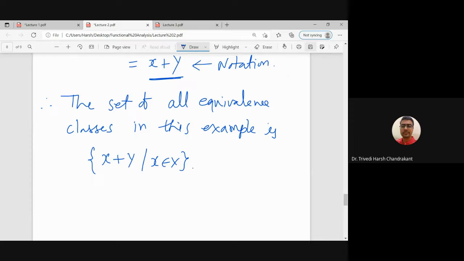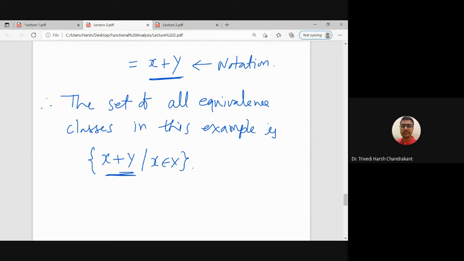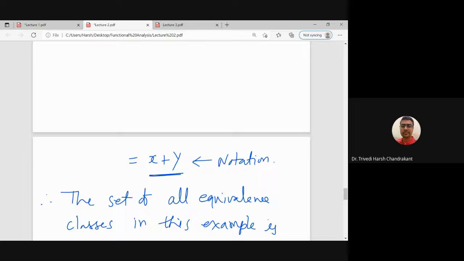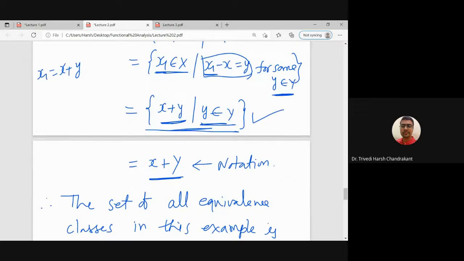So in the last example we found what the equivalence classes are: equivalence classes of odd and even numbers, because we knew what the equivalence relation was. But here we don't know what capital Y is. Right. We started with capital Y, but we have not used it. We are abstractly defining, so the set of all equivalence classes is of this form. So this we can find out if we know what X and capital Y are, then we can actually find this set.